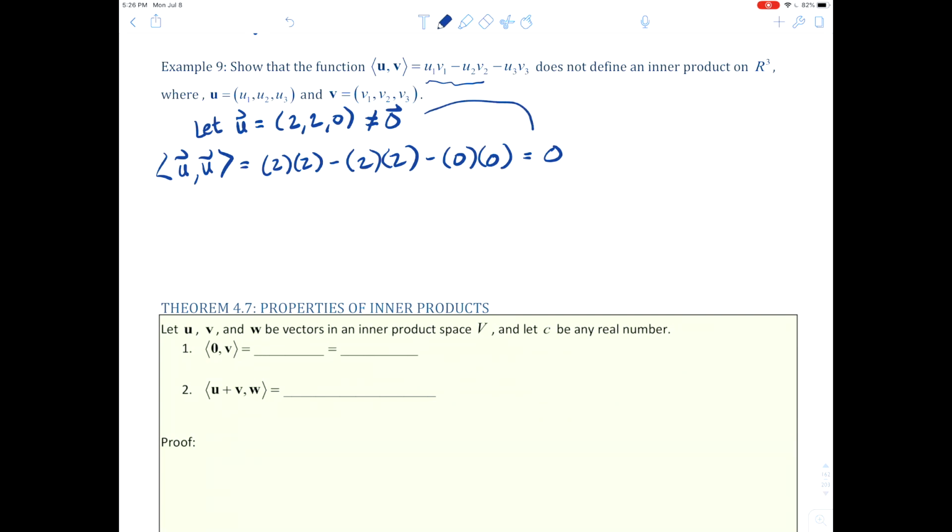But the fact that u is not the 0 vector violates it. So 2, 2, 0 is not equal to 0, 0, 0. So the fourth axiom doesn't hold true.